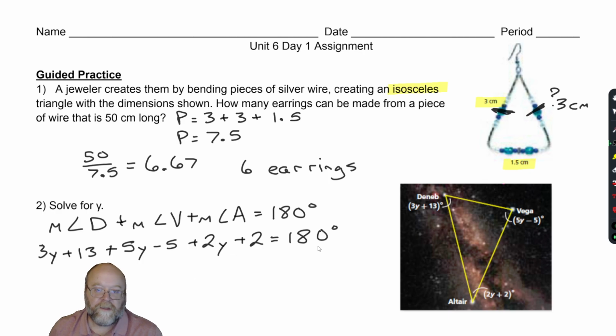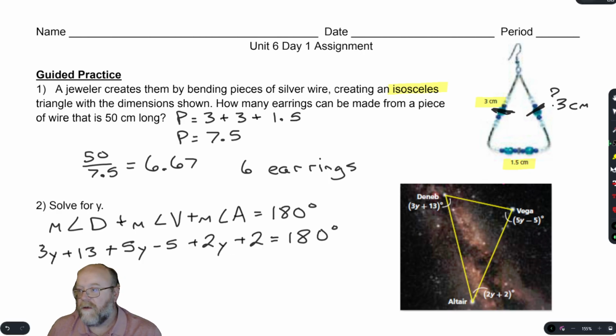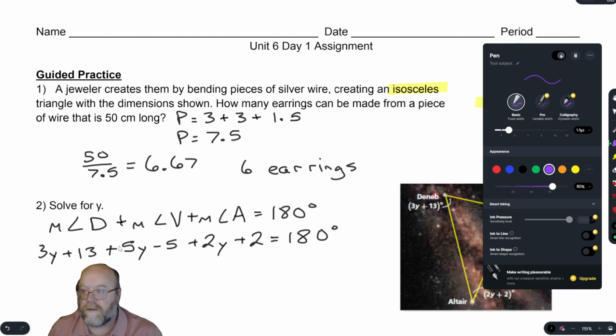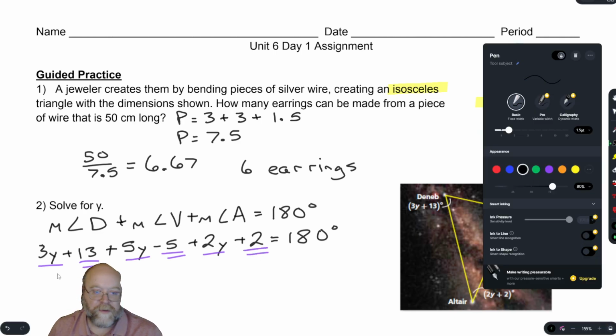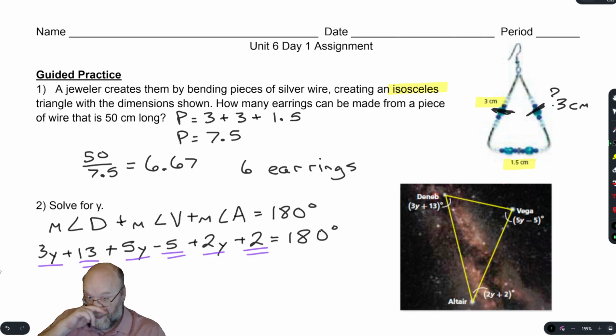Wow. Look at all these terms. What do I do? Guys, just group your like terms. Where's my y's? There's my y's. Here's my numbers. Okay, so you're just adding up the apples and adding up your oranges.